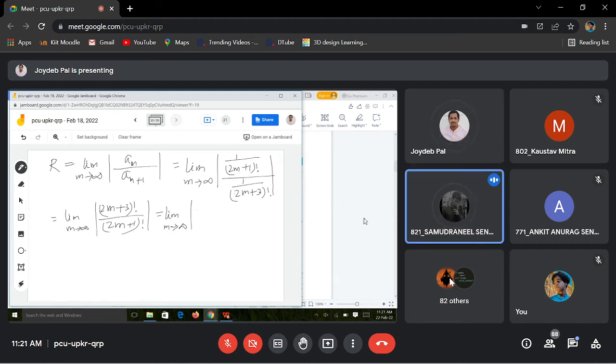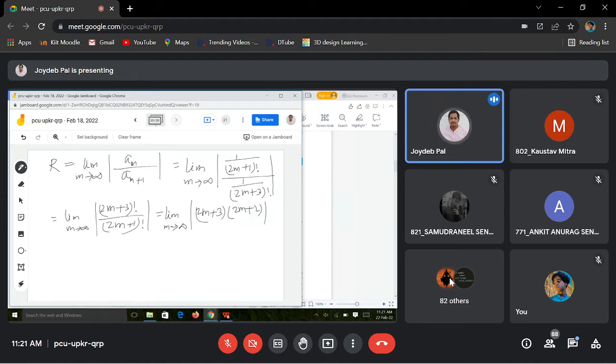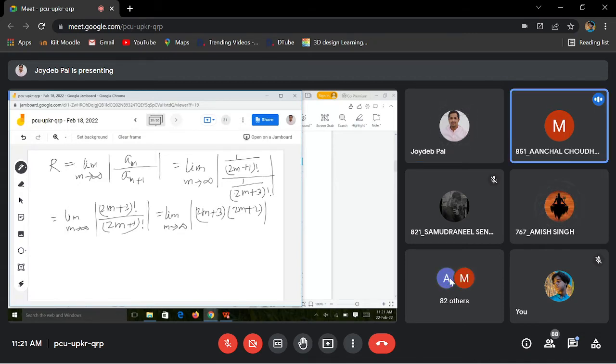Two terms: (2m plus 3) and (2m plus 2). After simplifying, we will get this (2m plus 3) into (2m plus 2). Any doubt? I have used the property of factorial.